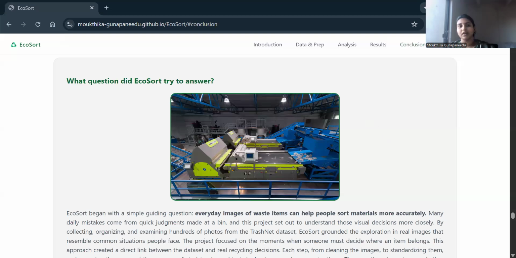So, second, it also shows that high accuracy alone is not the full story. The most interesting insights came from the confusion matrix, the per class metrics, and also the Grad-CAM heat maps. All of these highlight borderline cases that resemble real life hesitation.